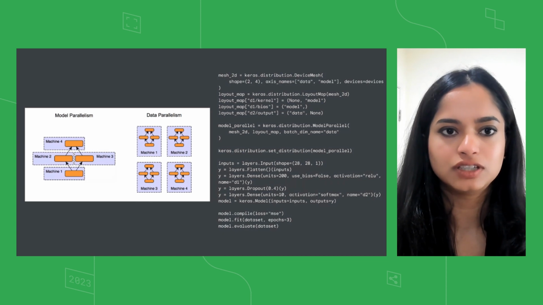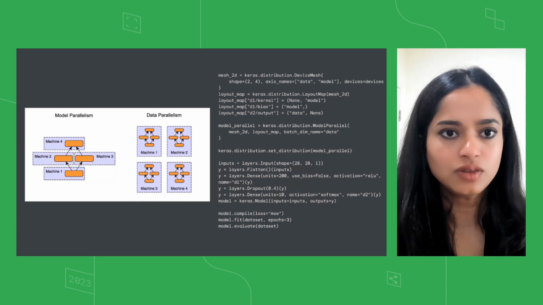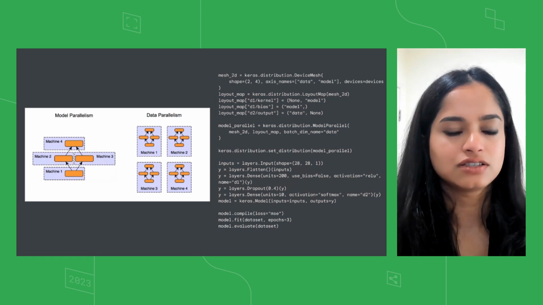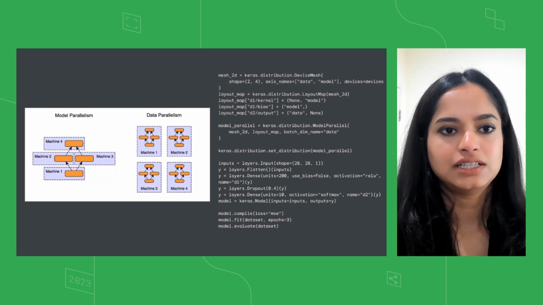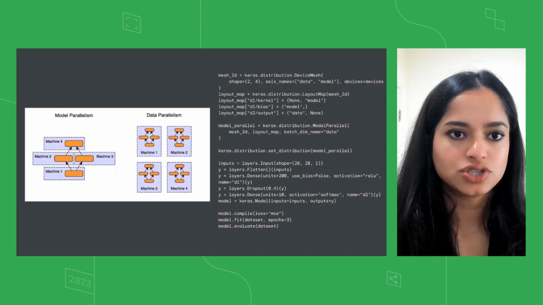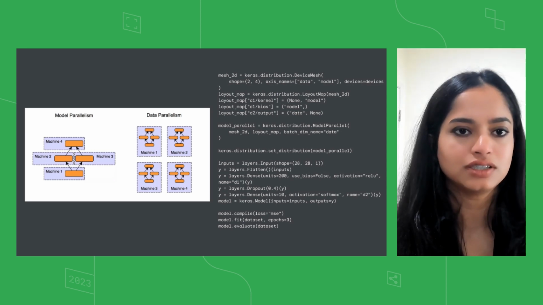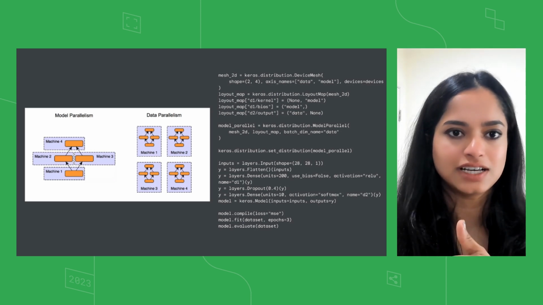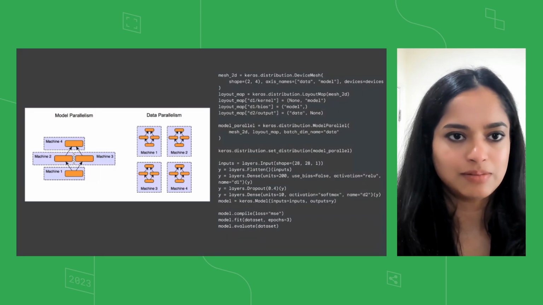The layout map will let you specify the tensor layout for any weights and intermediate tensors from a global perspective. So this code here means that any weights that match D1/kernel will be sharded along the model dimension, that is 4 devices. Same for D1 bias. All the other weights will be fully replicated.